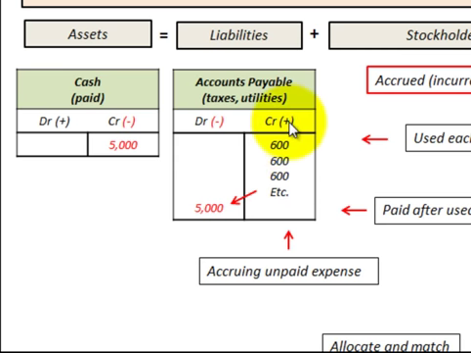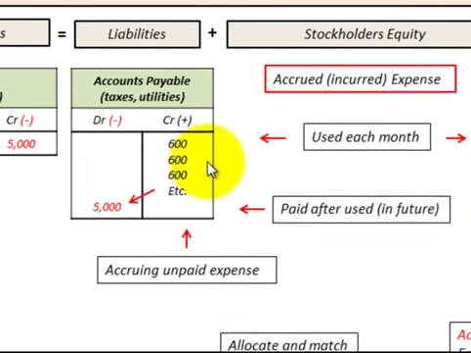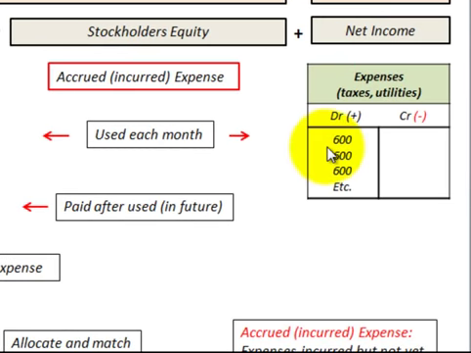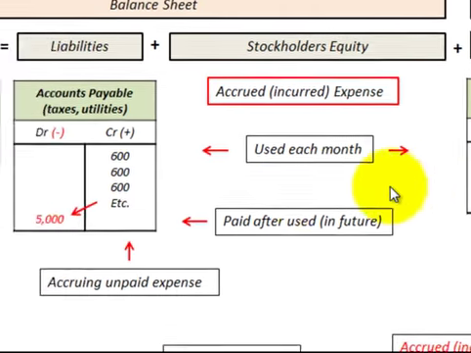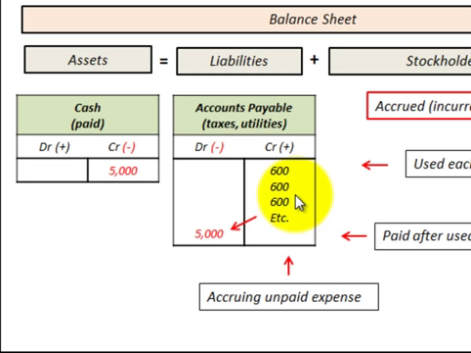So what we would do here is credit or increase accounts payable by that $600 per month, and then the corresponding entry would be here to expense at $600 per month, where we debit expense or increase expense at $600 per month.